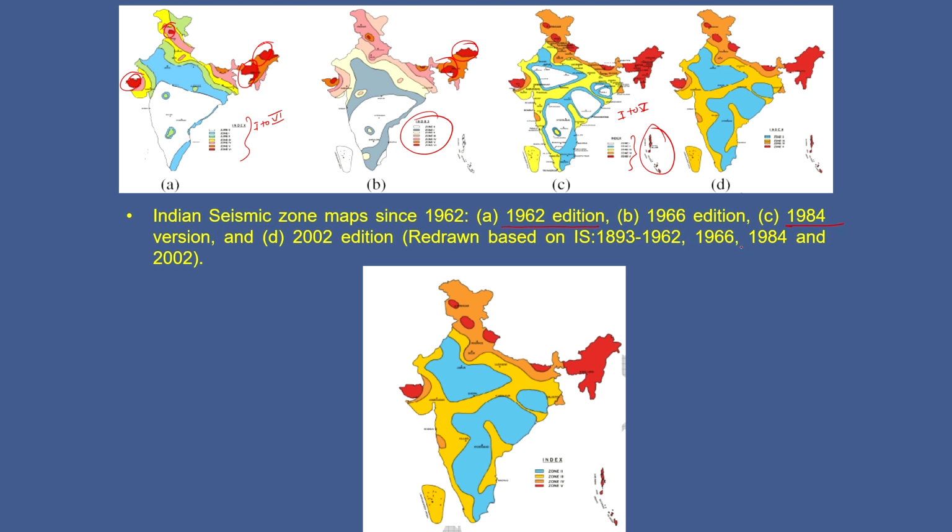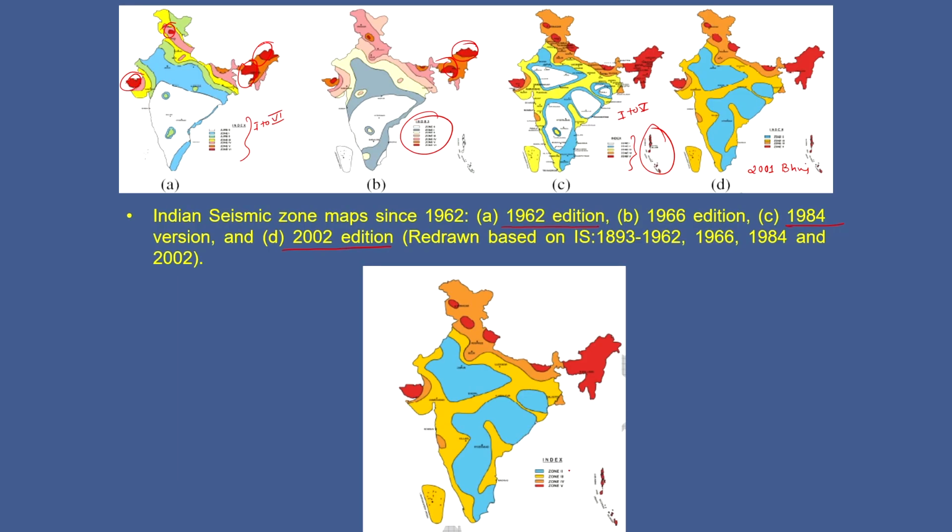Then there was an earthquake in 2001, the Bhuj earthquake. The intensity experienced during 2001 was totally different from what would have been expected as per the 1984 zonation map.